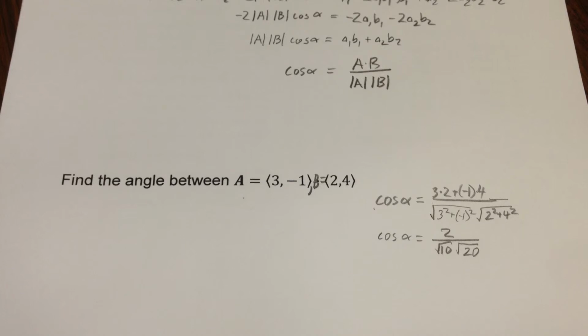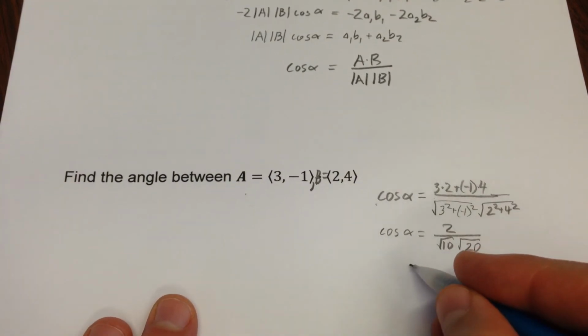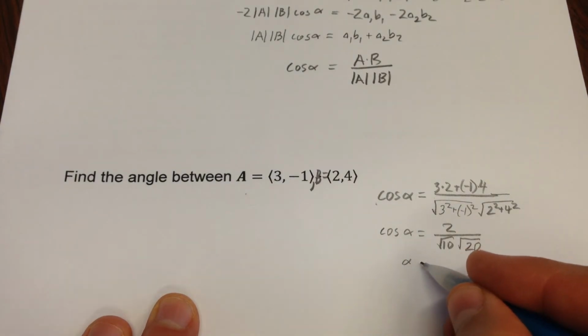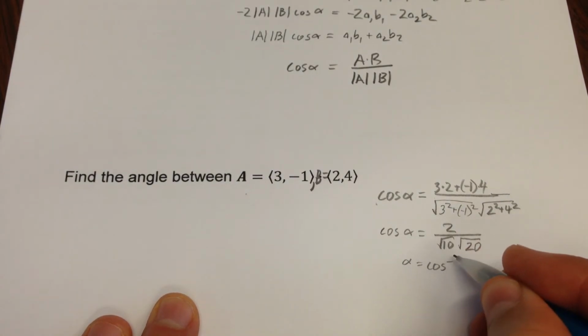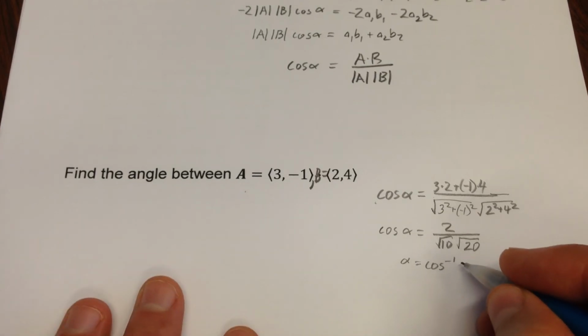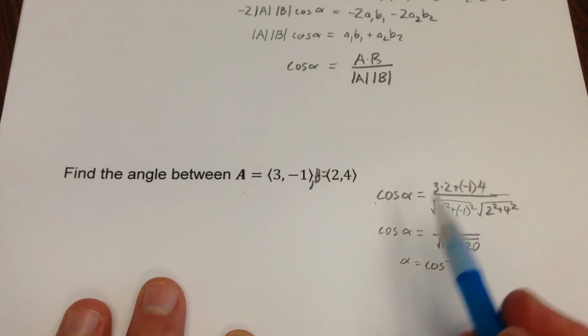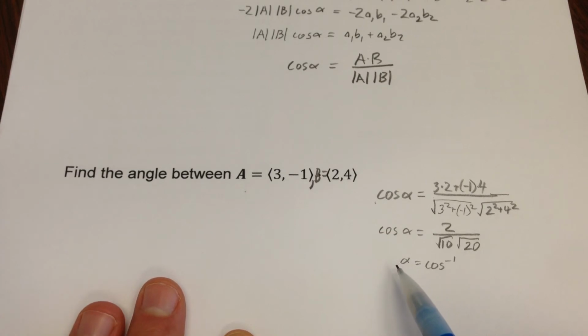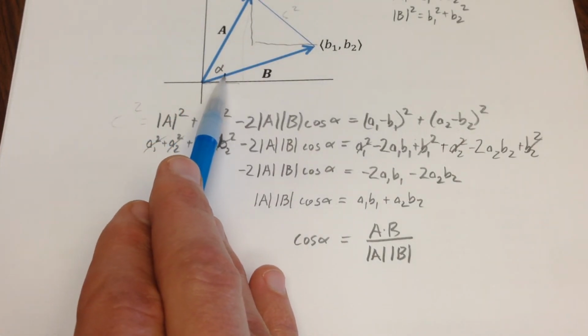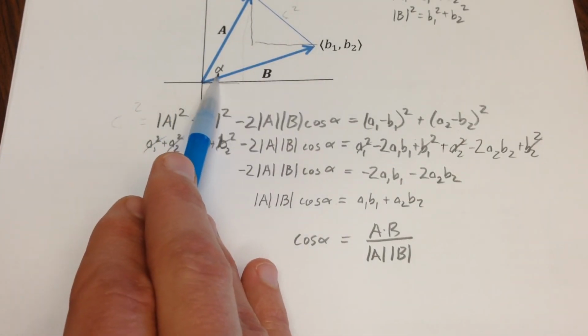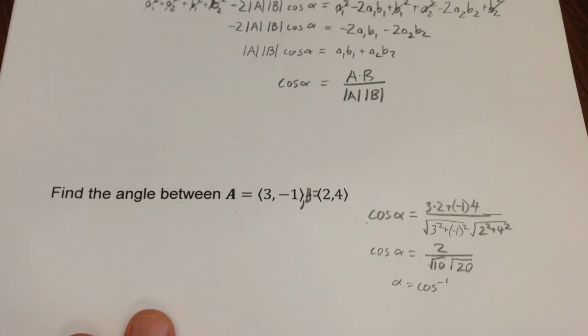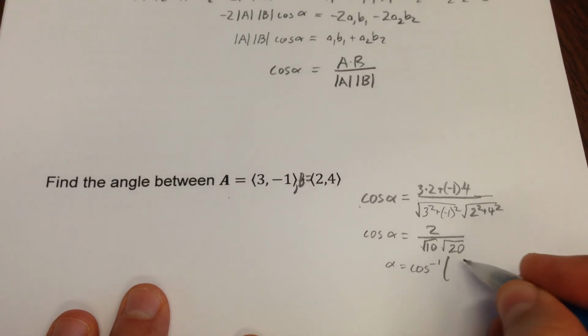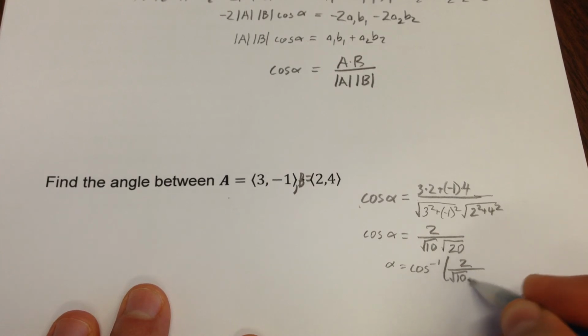Now, cosine inverse is what I'm going to need to solve this, right? What do I know about cosine inverse? Cosine inverse assumes that my alpha is between 0 and 180. So I'm always going to get a positive angle between these. So pictorially, you're never going to get this angle out here. You're going to get a positive angle less than or equal to 180.